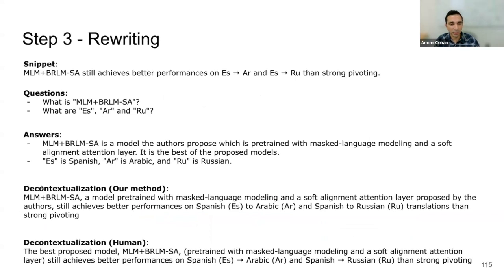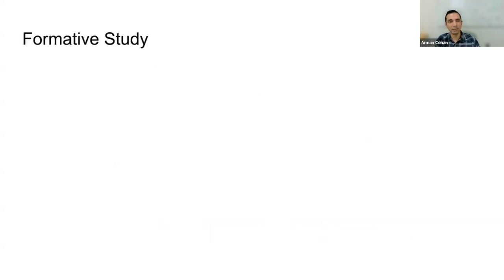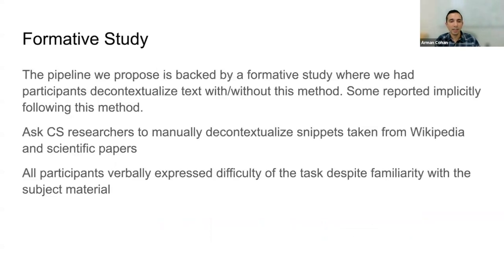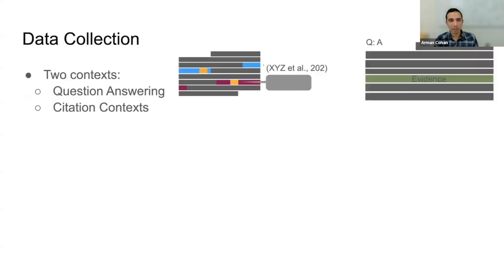And then we compare this decontextualization with the decontextualization that you would get from human expert annotators. Again, this pipeline is backed by a formative study where we had participants decontextualize text with and without these methods. And they usually found this to be much more helpful to decontextualize.